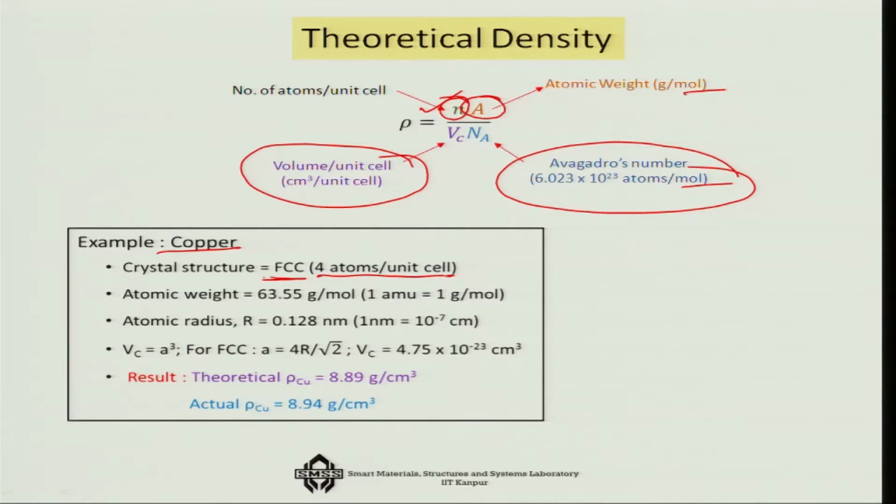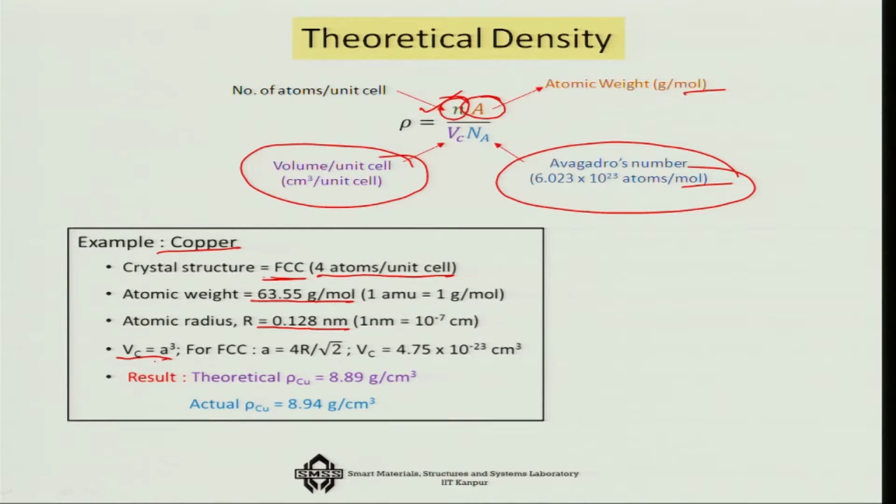Now, what is the atomic weight of copper? That is 63.55 gram per mole. And what is the atomic radius? That is about 0.128 nanometer. From X-ray crystallography and such things, you can find out the atomic radius of a system. Now, what is the volume of this system?